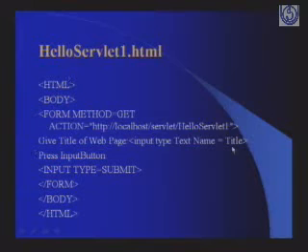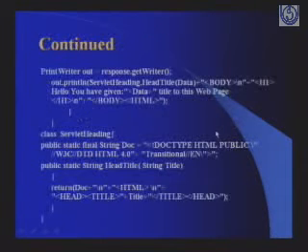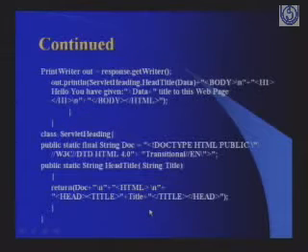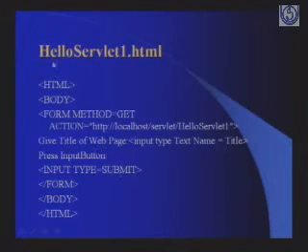Now let us see if our servlet program is ready. Suppose we have compiled this servlet, we have created the class, and that class file is deployed at the appropriate level. After deployment, if we have an HTML form, that HTML form is like this.